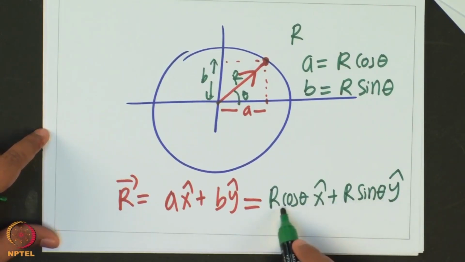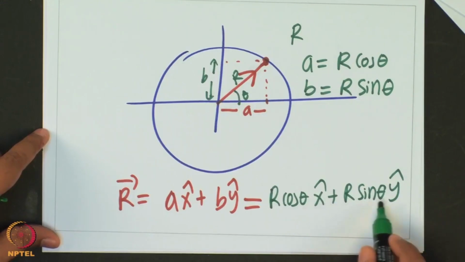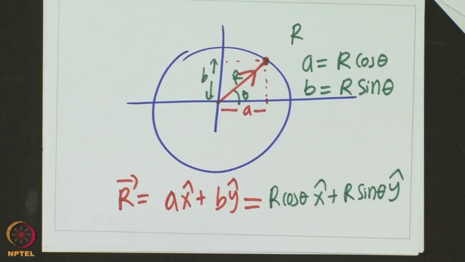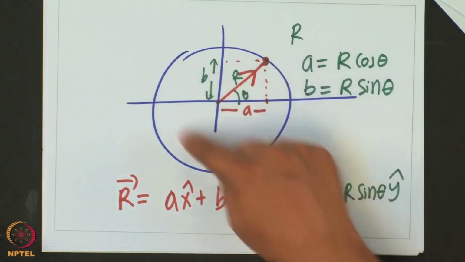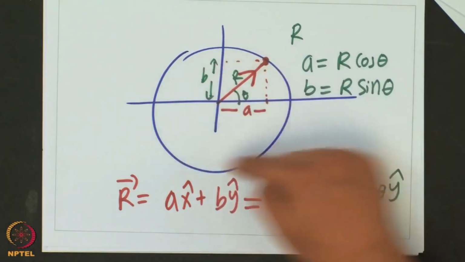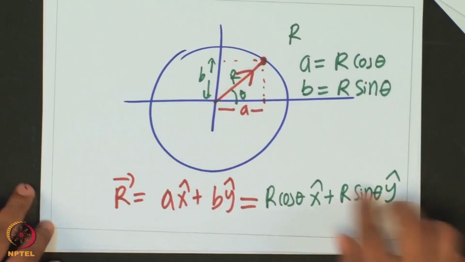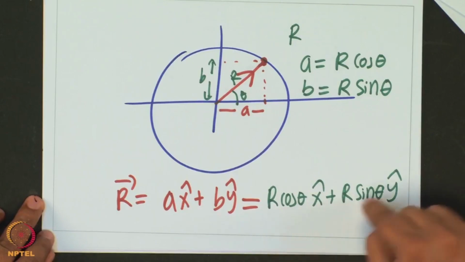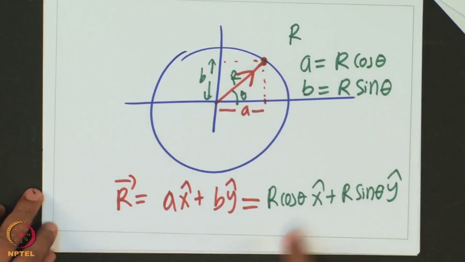I could specify r cos theta x cap plus r sin theta y cap, and that would specify this particular point based on theta and r. So this is basically the plane polar coordinates, where instead of specifying x and y, I could just specify r and theta.